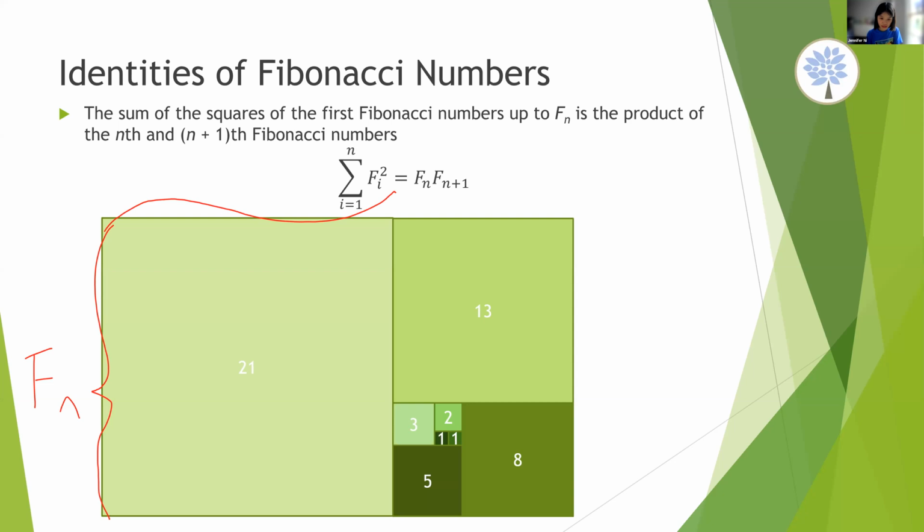And Fn plus 1 as the next side length, in this case 21 plus 13, which is 34. Multiplying those terms builds the area of the rectangle. Another way to find the area is to add up the areas of the squares constituting the rectangle, and this would be the sum of the squares from f1 to fn.